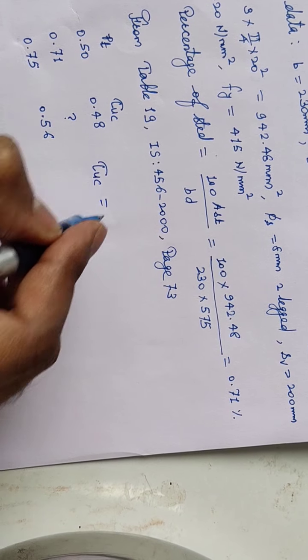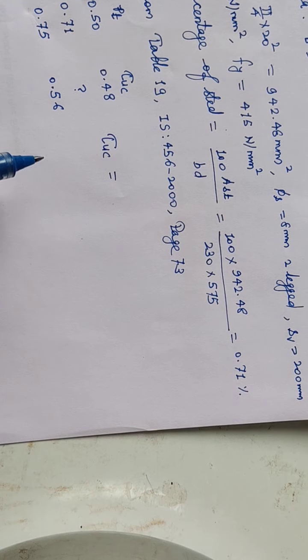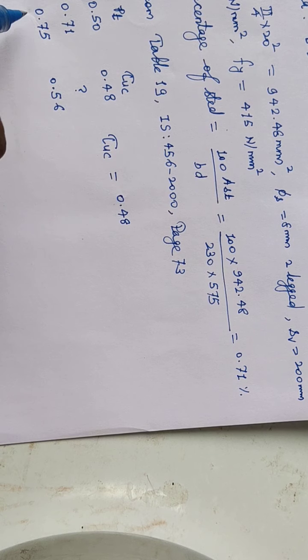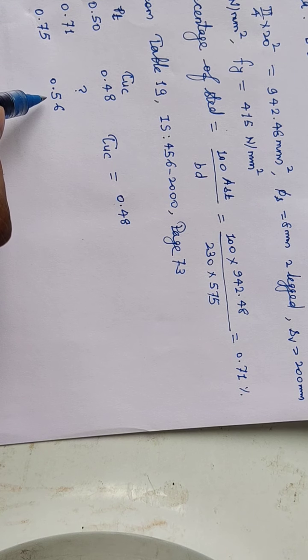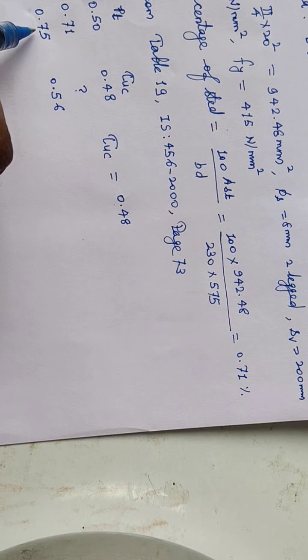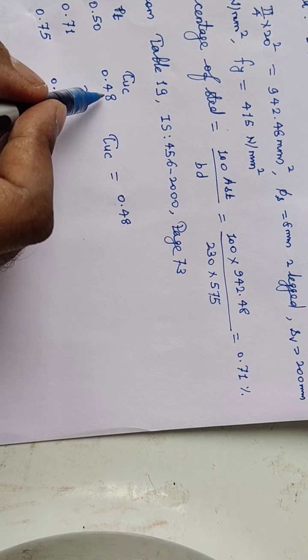Tau UC you just find out using this equation directly. You first of all write here 0.48. Next to this is 0.75, which is given in IS code. For next higher percentage of steel, tau UC increases, it means obviously for 0.71 this value will be more than 0.48.